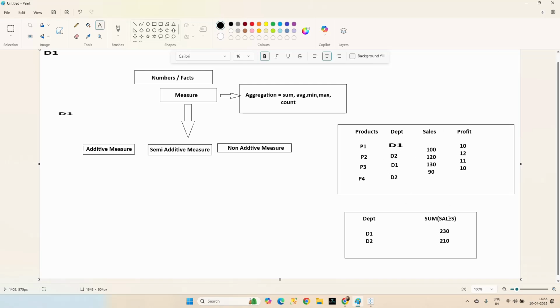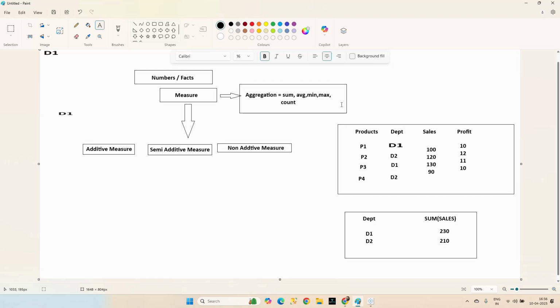So now it's giving meaningful output, right? If you check sum of sales, you get meaningful output. Average, you can get meaningful output. What is the minimum sales? 90. So it's giving meaningful output only. What is the max sales? Max is 130. That is meaningful output.